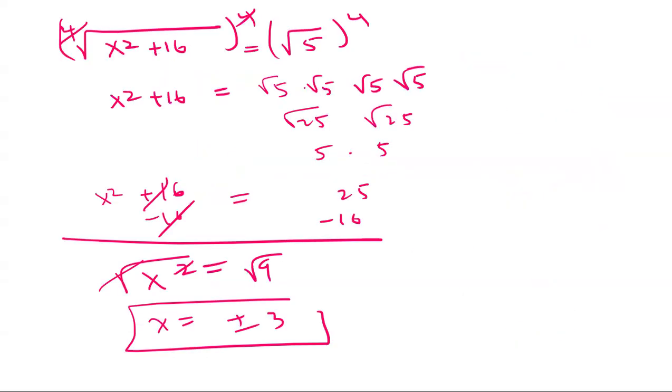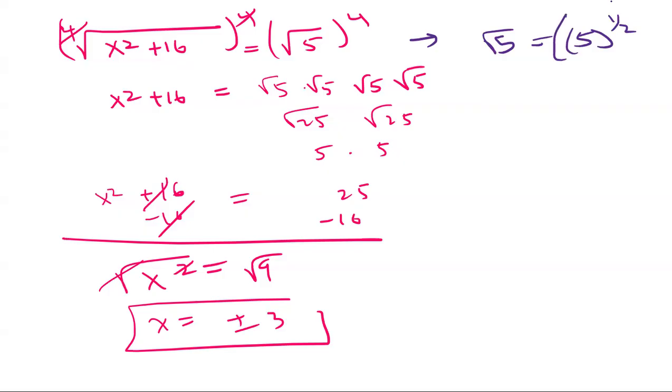So in this case, I'm going to rewrite the root. The square root of 5 is 5 raised to the 1/2 power. I can rewrite the square root of 5 four times, but I don't have to do that because I know the square root of 5 is 5 to the 1/2.